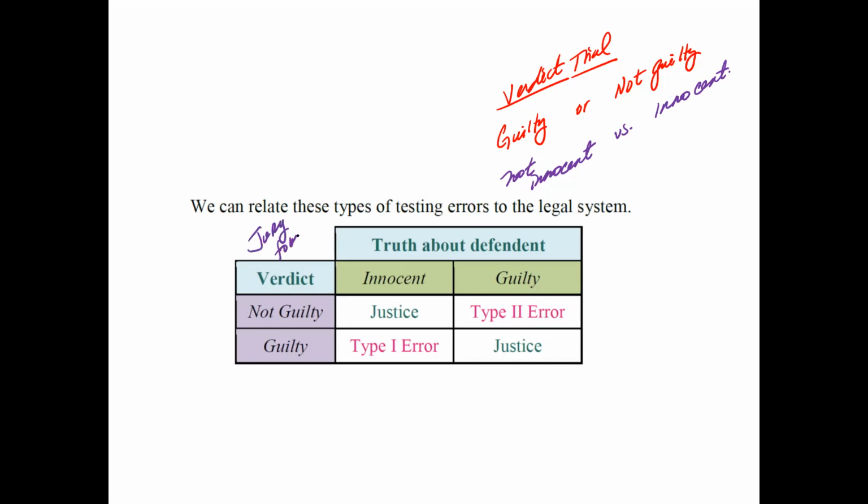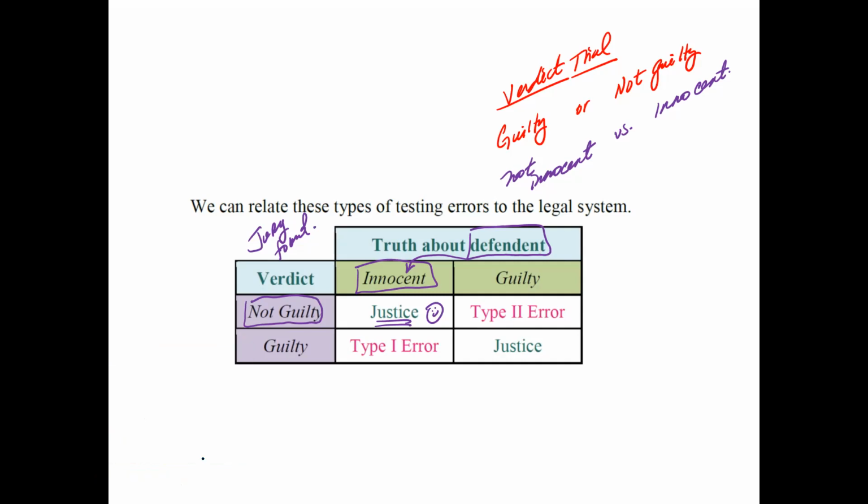If you are the defendant and you are actually innocent of a crime, and the jury found that you are not guilty, well, that makes sense, because if you're innocent and they say you're not guilty, then justice was served. So everybody is good. It's balanced, okay?